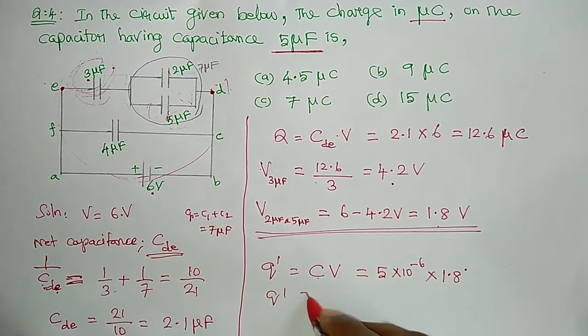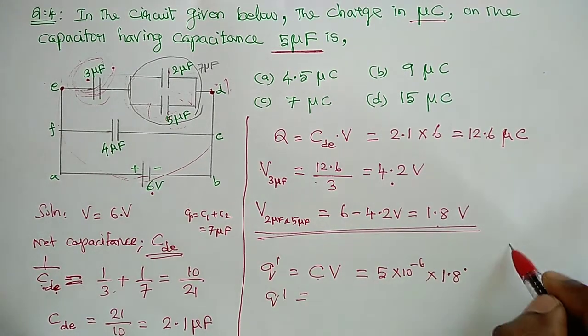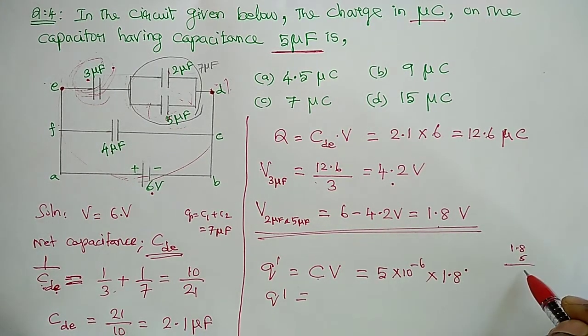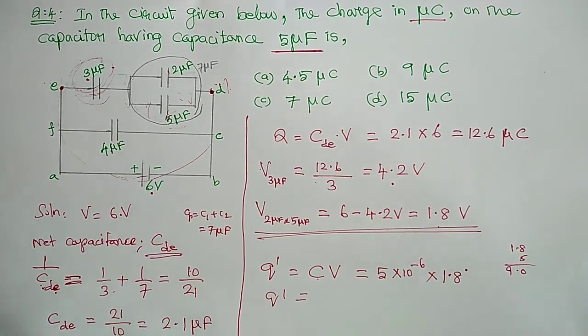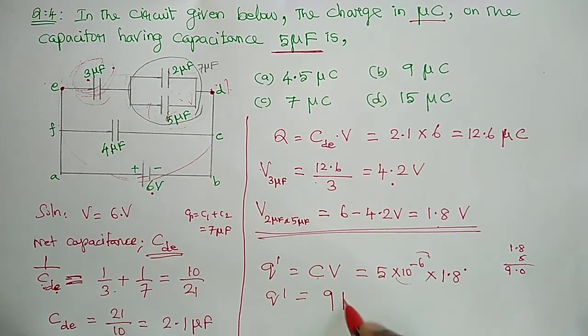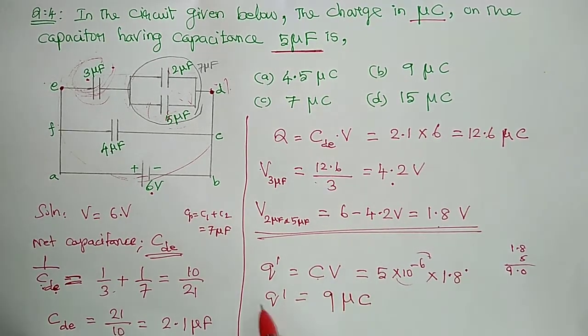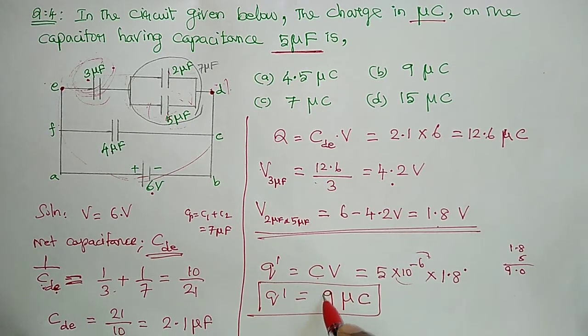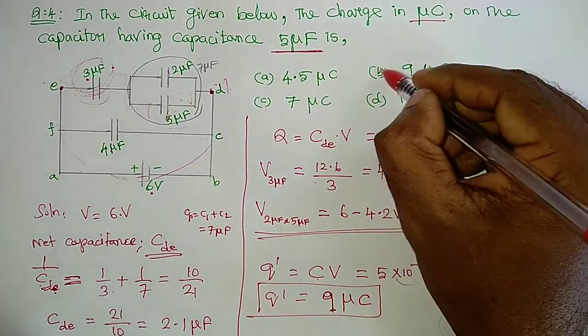So Q prime is equal to the product of these two terms, which is 9.0. So 9, with 10 power minus 6 being micro, and the unit of charge is coulomb. So 9 microcoulomb. So option B.